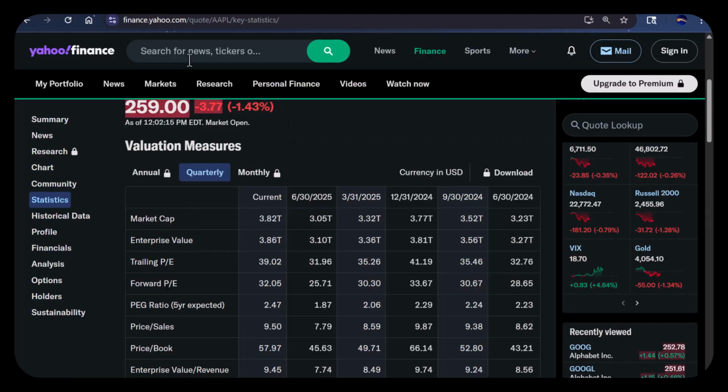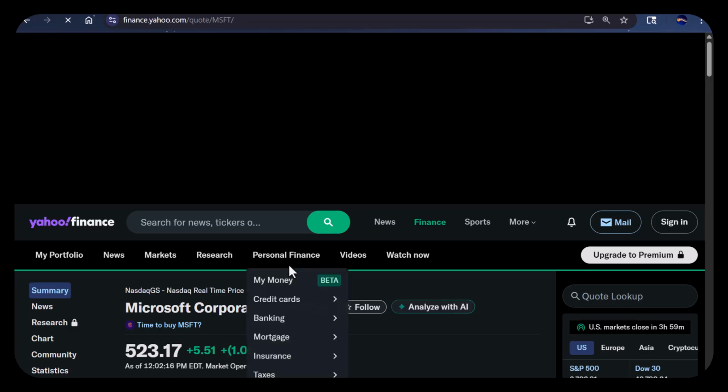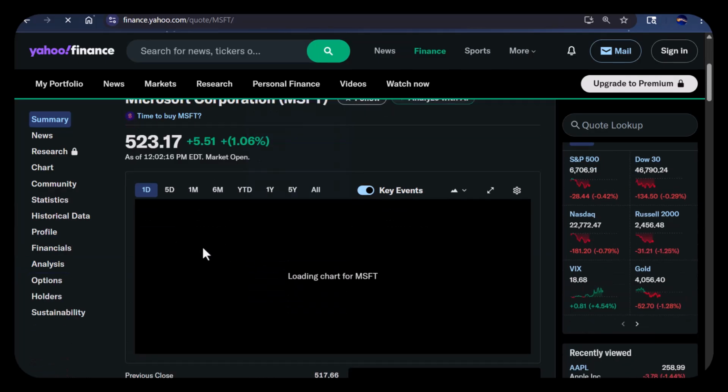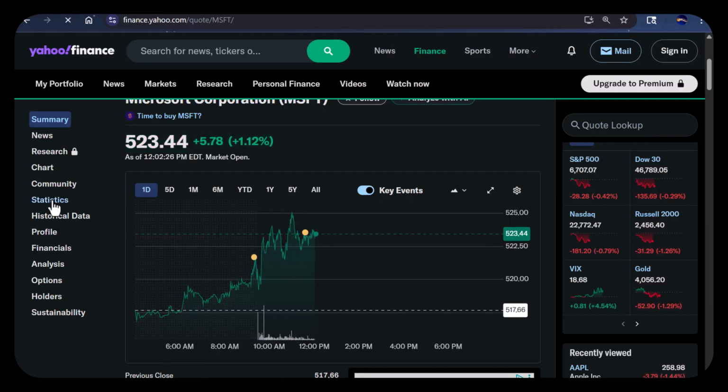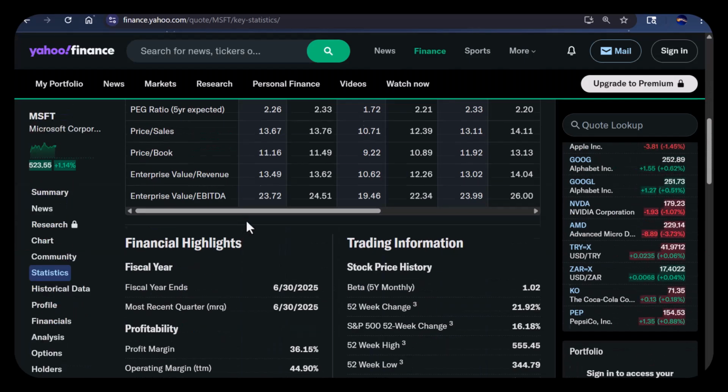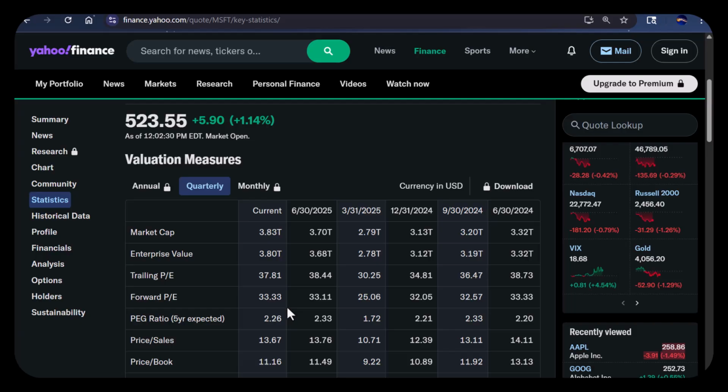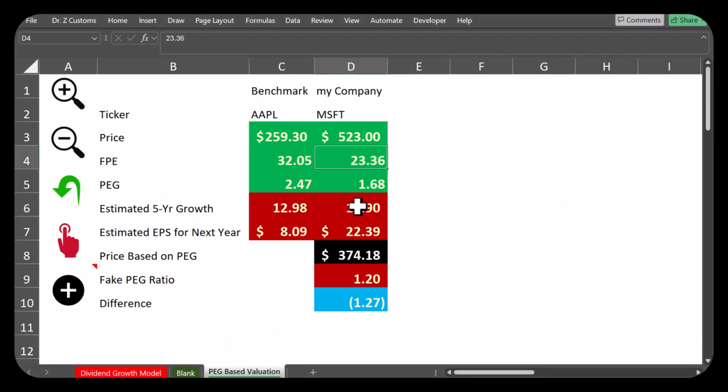An Apple Microsoft comparison. 523. I'm going to leave it at that level. 33 to 326.